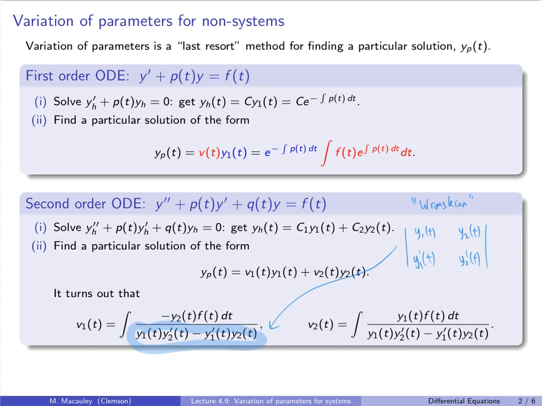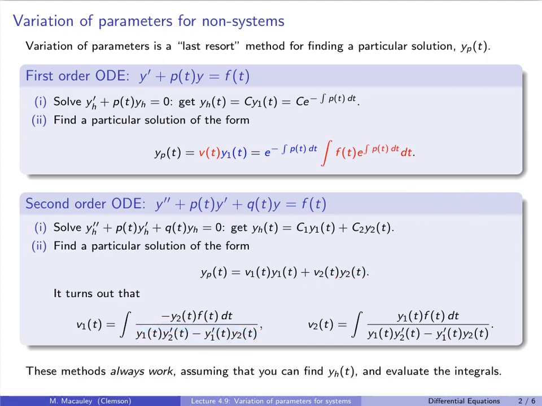which will be a generalization of this method. Okay, so v1 is the integral of negative y2 times f over the Wronskian, and v2 is the integral of y1 times f over the Wronskian. To summarize, this variation of parameters method always works, assuming that you can actually find the homogeneous solution and evaluate the above integrals. I call it a last resort because it's usually one of the harder methods.